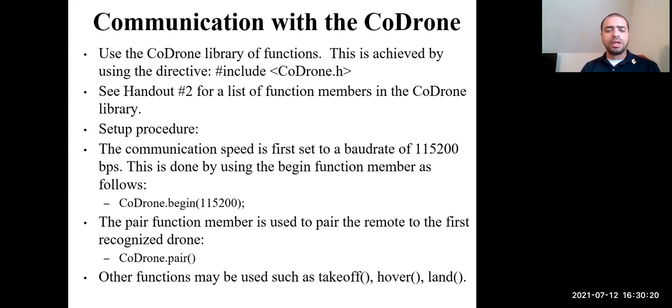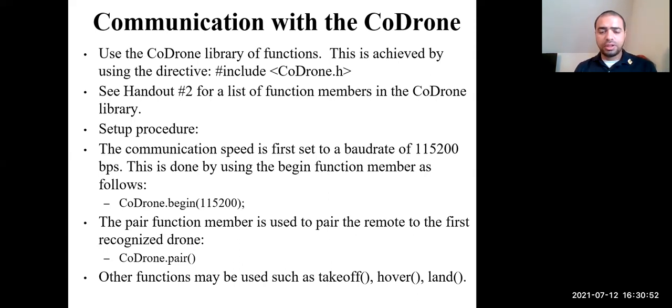It's a standard speed. So this is done by using the begin member function as follows: CoDrone.begin. As you see here, this is the reason why it's called object-oriented programming. The name of the library is CoDrone. You see, we included the library CoDrone. CoDrone.begin, you're going to use the begin function of the library CoDrone, and it takes an input parameter here, which is going to be the speed of communication.